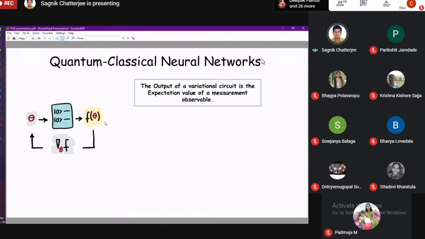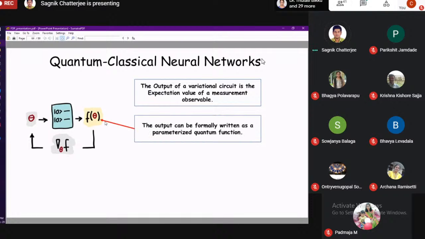It might be just the probabilities, or some higher order moments. But in any case, you can interpret these as expectation values of the observable. Our objective here is to calculate the gradient of f of theta and then feed it back into the loop to minimize the losses.